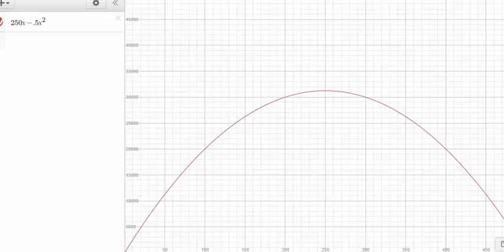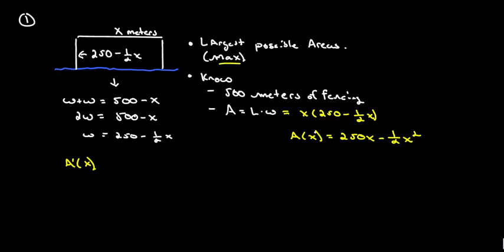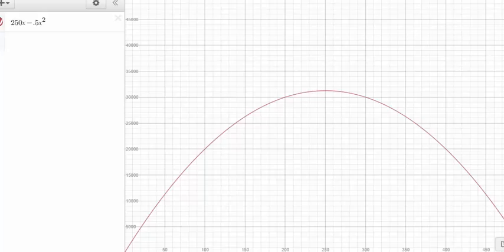Now again, we went through an example and said, what if x was 300? Well, if x is 300, we go over to 300 and go up, and it tells us that our area is 30,000. So this right here is the area as x changes.